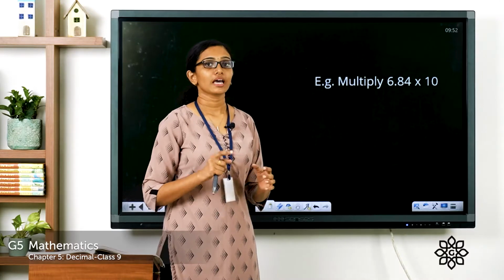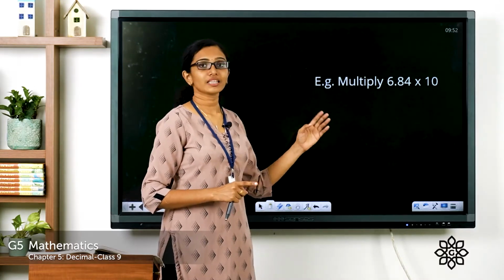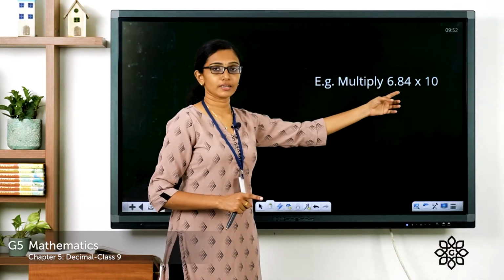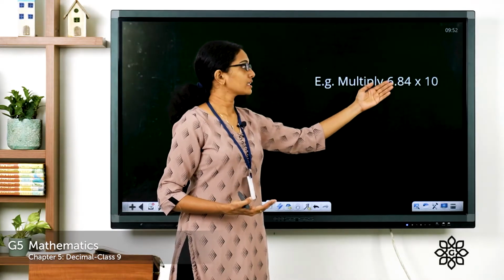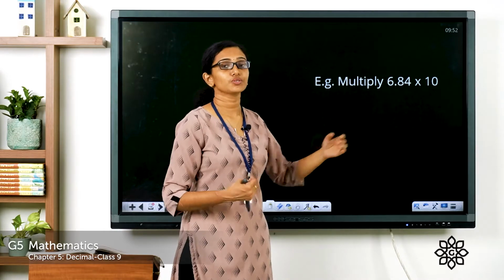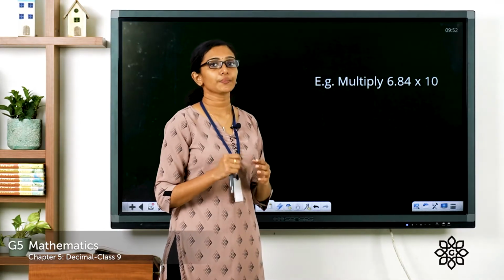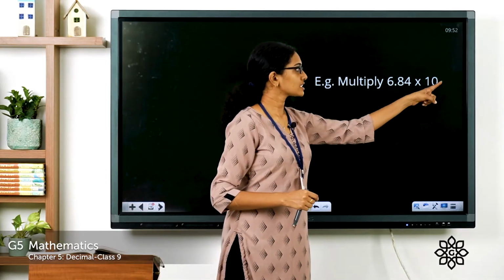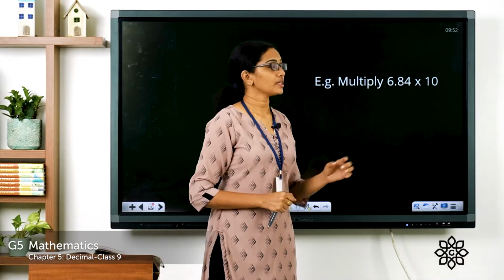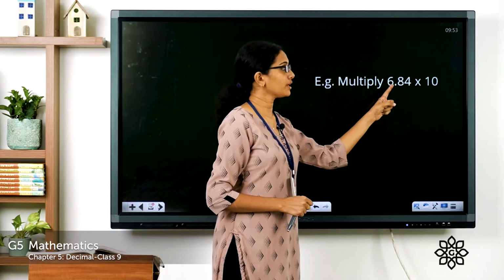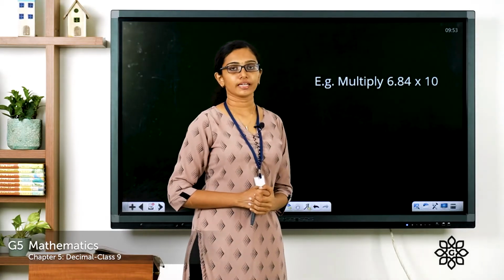Only 1 zero. And then you have to shift the decimal point in the given decimal number to the right. By how many places? By the number of places which is equal to the number of zeros in the multiplier. So here this is the multiplier and there is only 1 zero in it. So you have to shift this decimal point one place to the right.